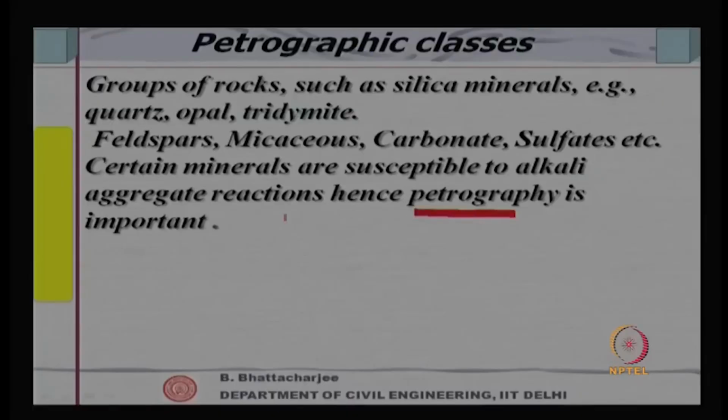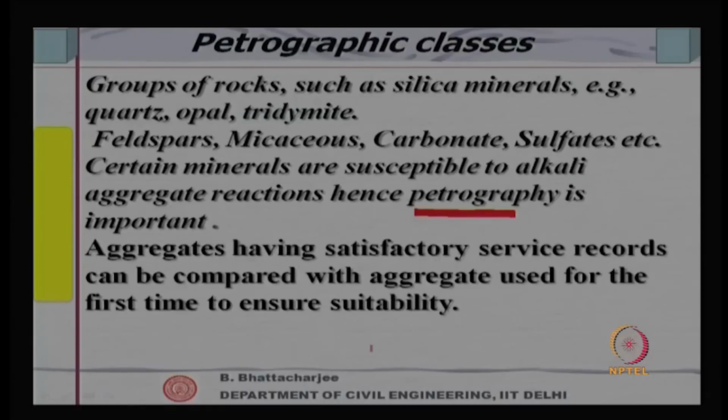So, petrographic analysis is very important, because you can then identify the mineralogical compositions, and the minerals, if present in the aggregate, can make the concrete susceptible to alkali aggregate reaction. So, you can see that aggregate having satisfactory service records can be compared with aggregate used for the first time to ensure suitability.